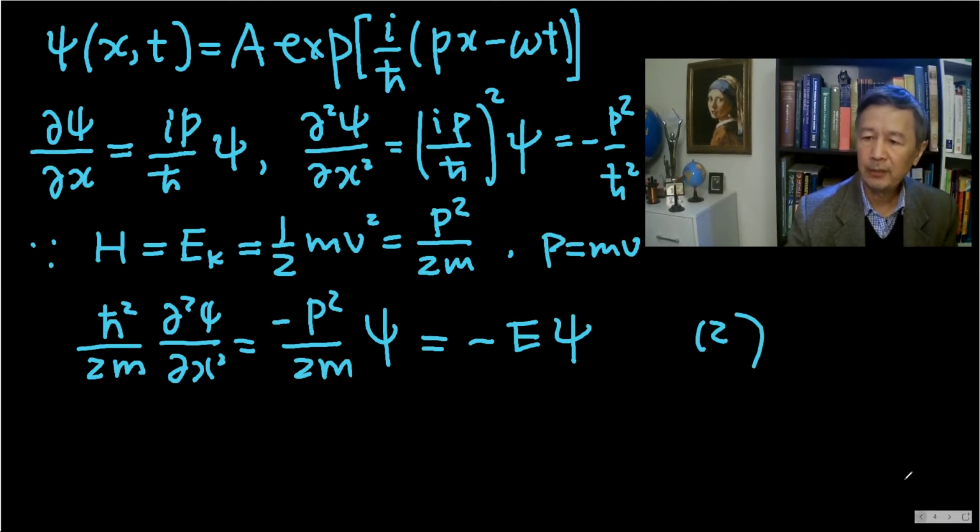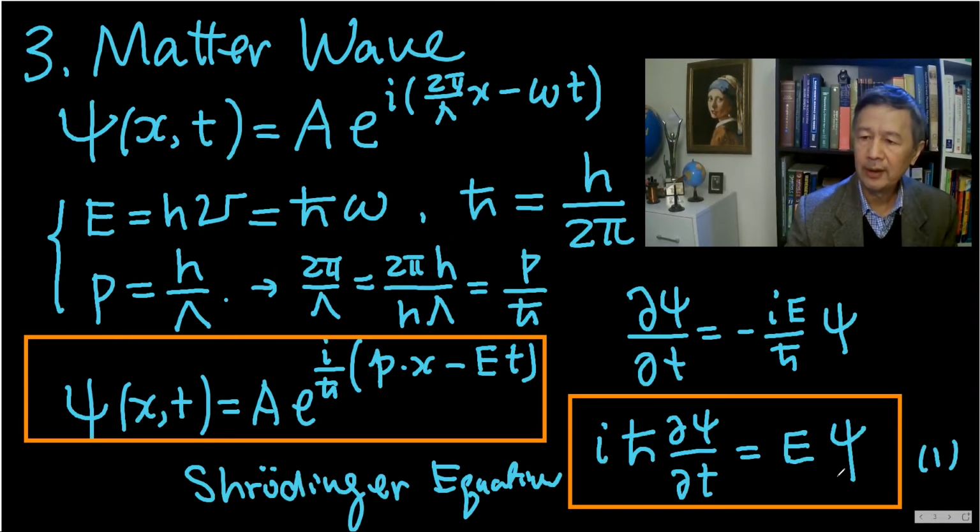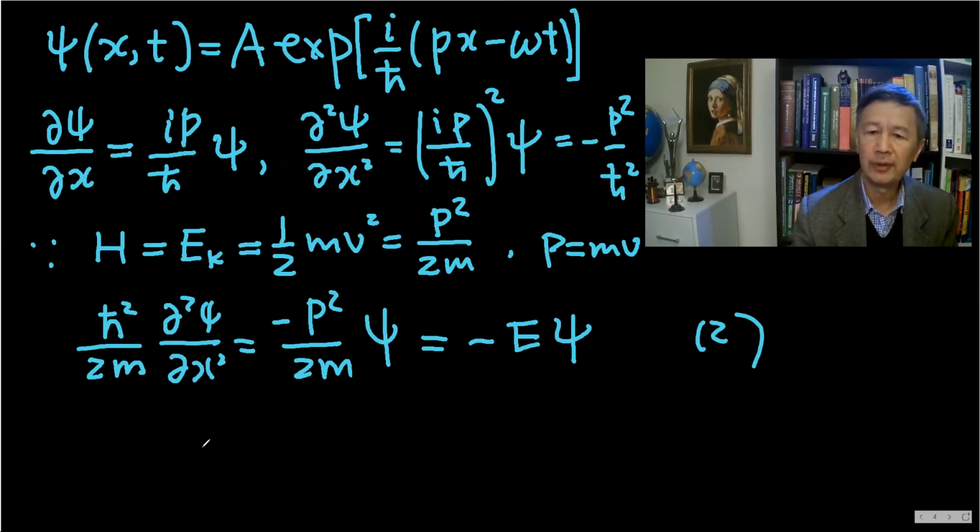In the first page, we got equation 1 here. Can you see? E multiplied by phi, the wave function. Therefore, these two sides must be equal. So what we can do is put them together.